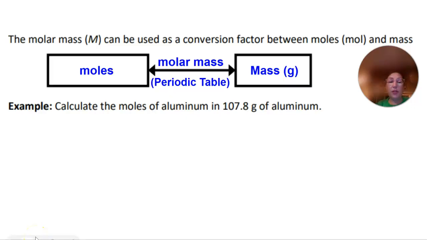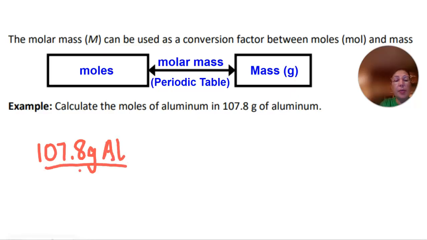So let's tackle this first example. It says calculate the moles of aluminum in 107.8 grams of aluminum. So our known here is that we have 107.8 grams of aluminum. I'll just write AL. And I always like to put my known over 1, really just so I don't mess up and put something else there when I'm doing conversions.